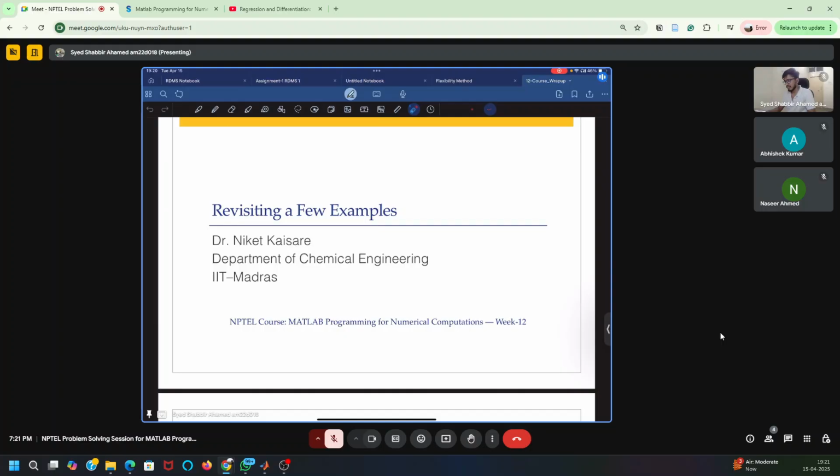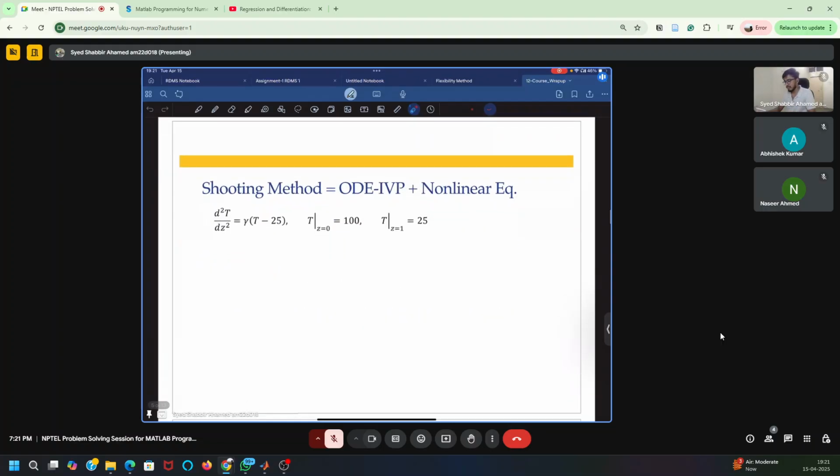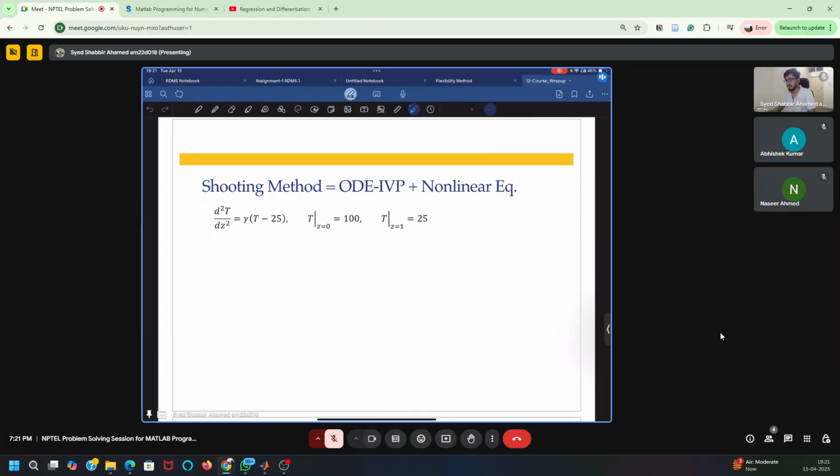So the TDMA algorithm, I couldn't cover it clearly, and I think differential algebraic equations haven't been covered. The main goal of that session is to summarize everything. Today also we are doing that, but tomorrow also we have a revision session kind of a thing.